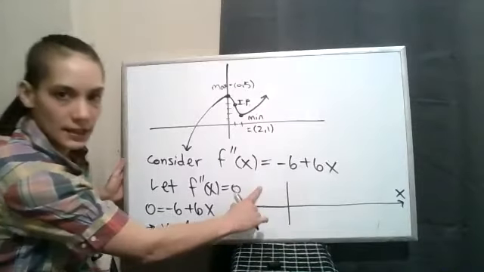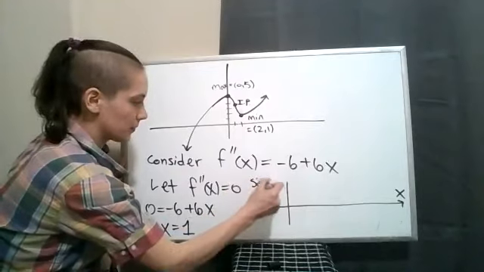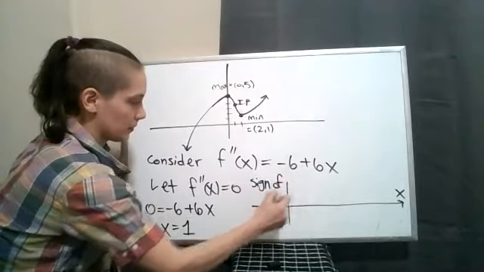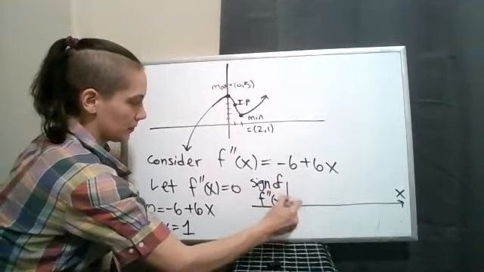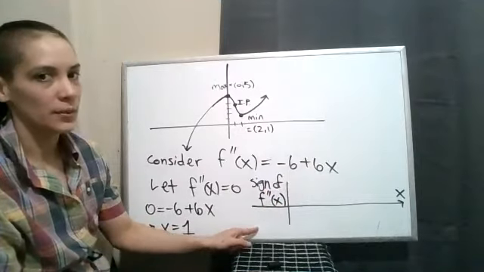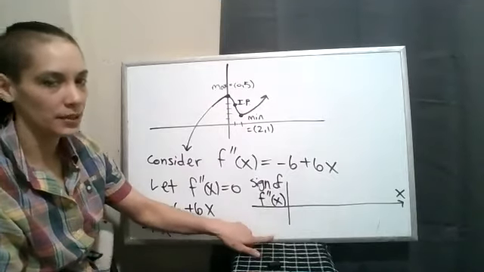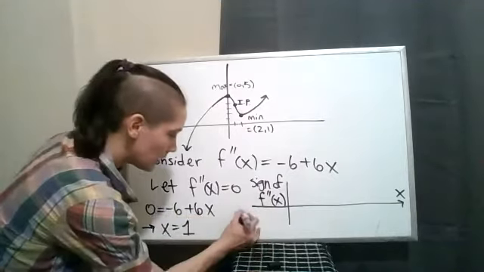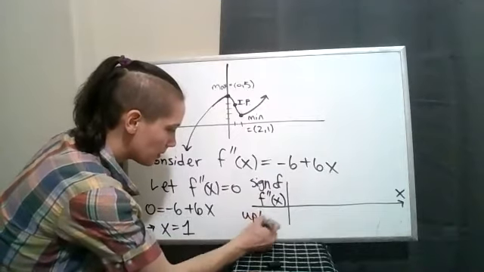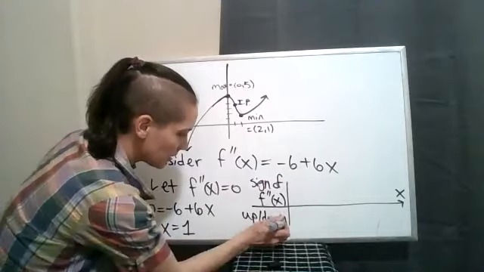Okay. These are the signs for f double prime. And what we're doing here is finding places where the function is concave up or concave down. And again, I'm going to put those definitions soon. Just up or down.